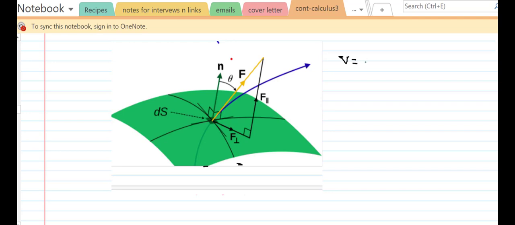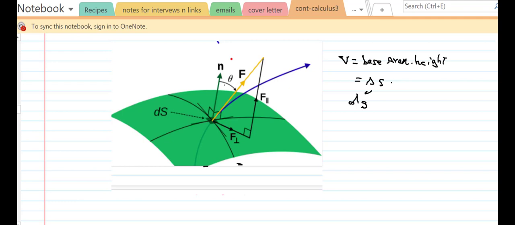Volume is equal to base area multiplied by height. The base area is ds, or delta s, or ds if I want to use the integral instead of the sigma, and the height is the fluid coming out, which is the projection of F onto n, in the direction of n as the normal to this space.